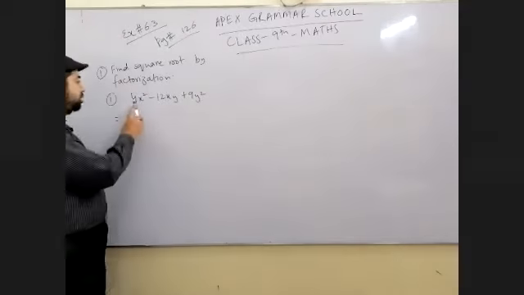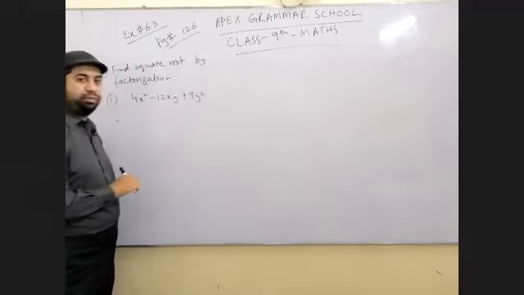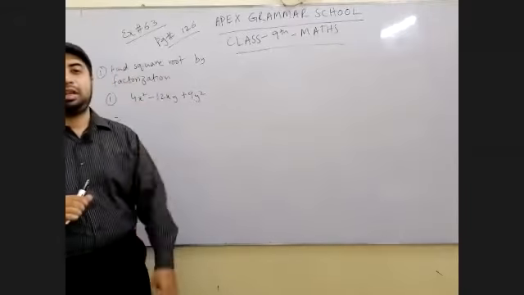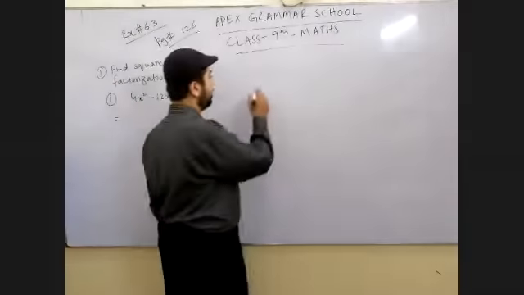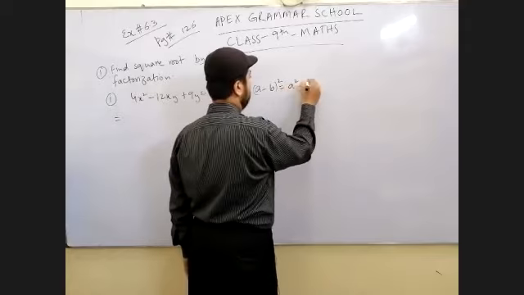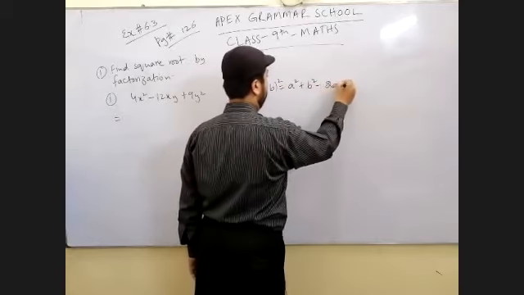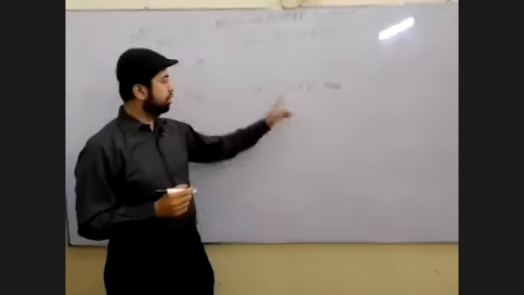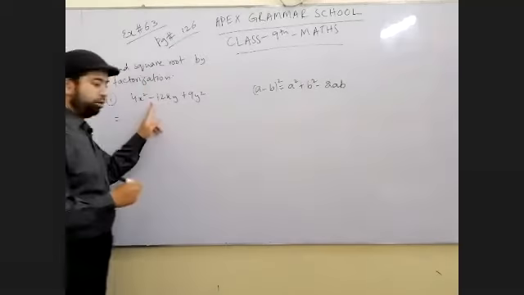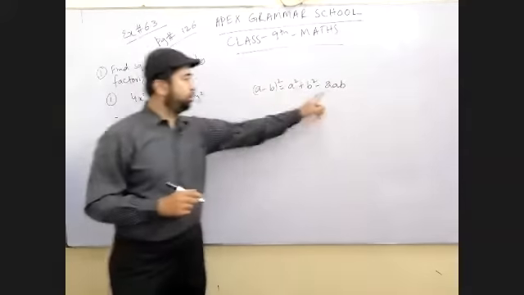You can see that this is positive, and this is negative. It means that this is of the type of formula (a minus b) whole square, because (a minus b) whole square is equal to a square plus b square minus 2ab. This is positive, and this is negative, so it is of the type of minus 2ab.